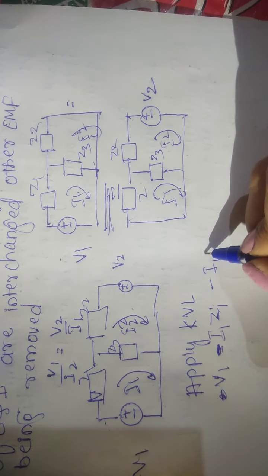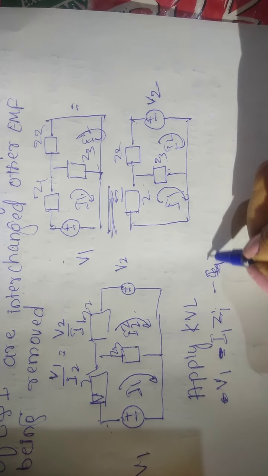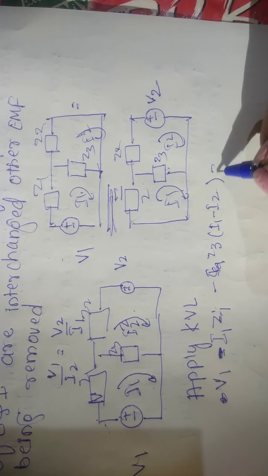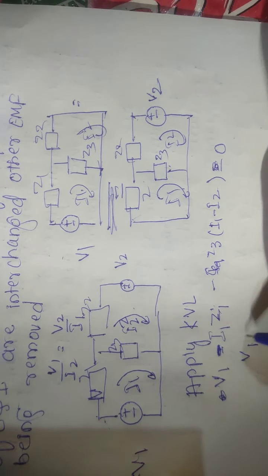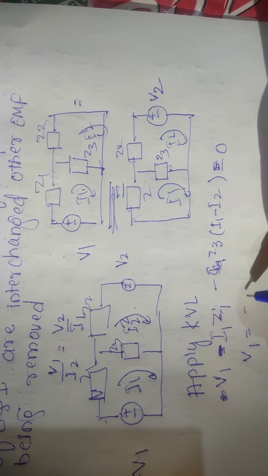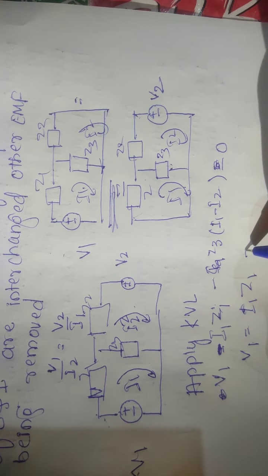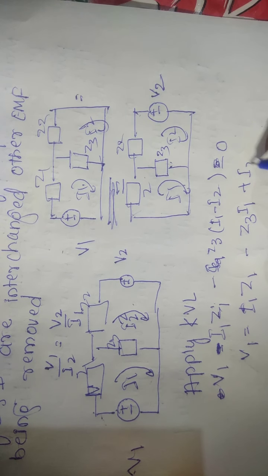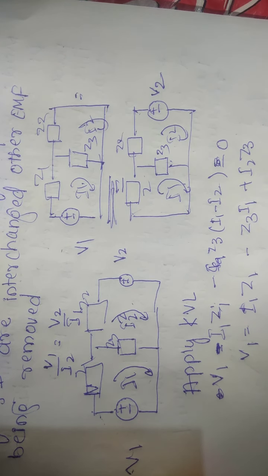Minus, this one is common, Z3 (I1 minus I2) equals 0. V1 equals I1 Z1 minus Z3 I1 plus I2 Z3. Correct? We can derive this from that one.